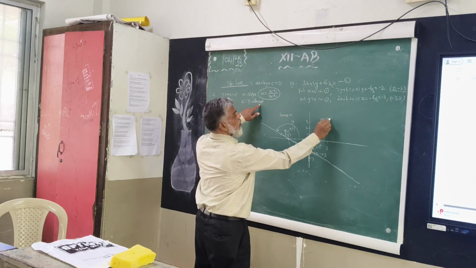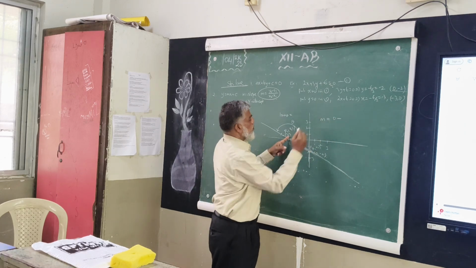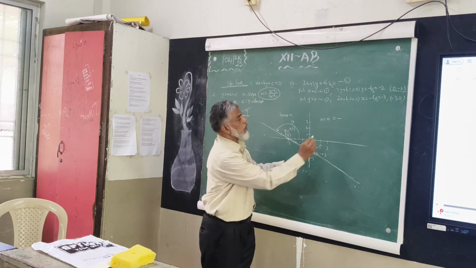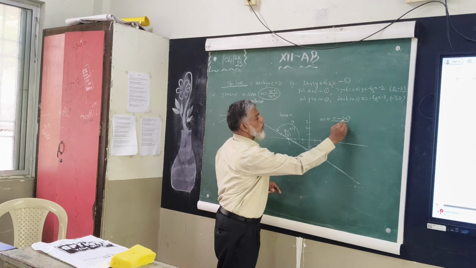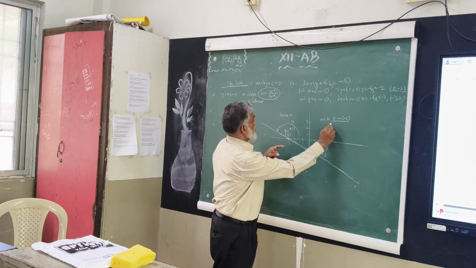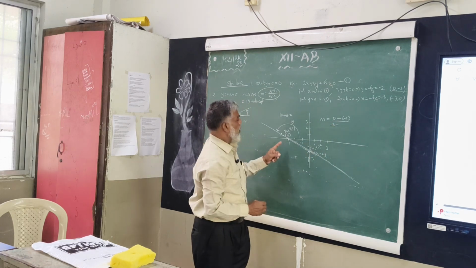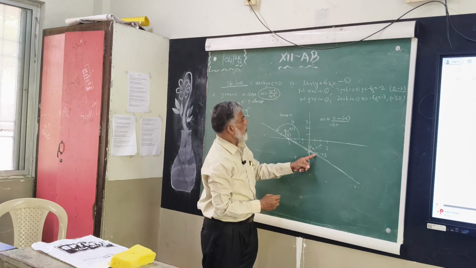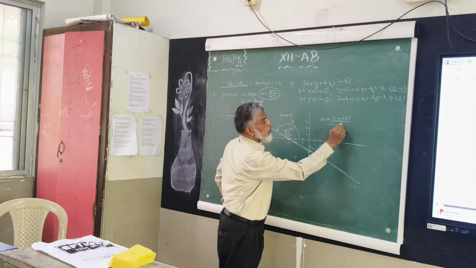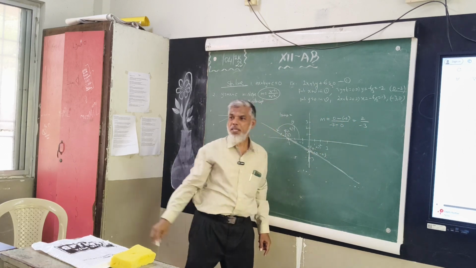Right? Now, what is the slope of this line? m equal to y2 minus y1 by x2 minus x1. y2 is 0, minus y1, minus 2. x2 is minus 3, minus x1, which is 0. So what is the answer? 2 by minus 3.